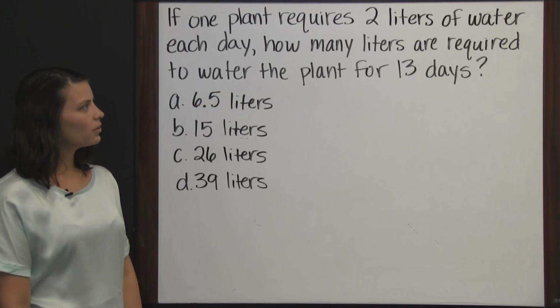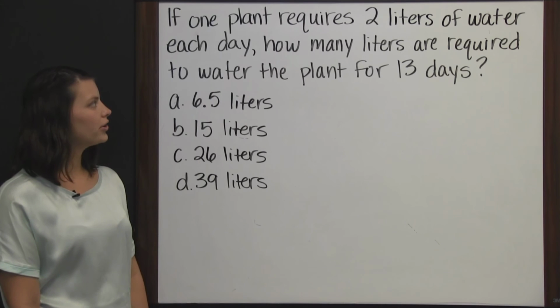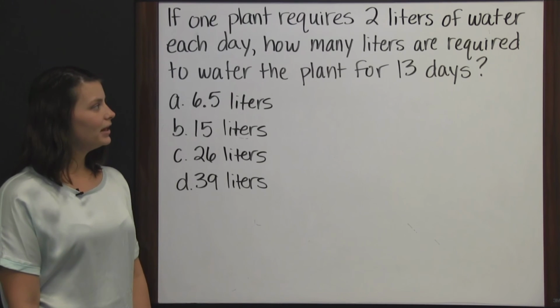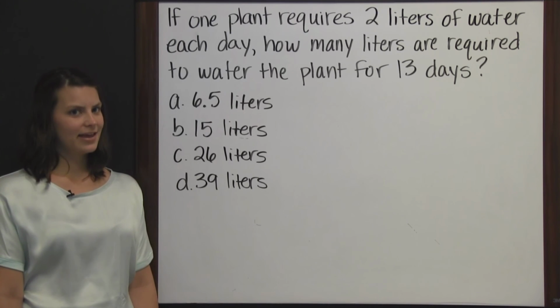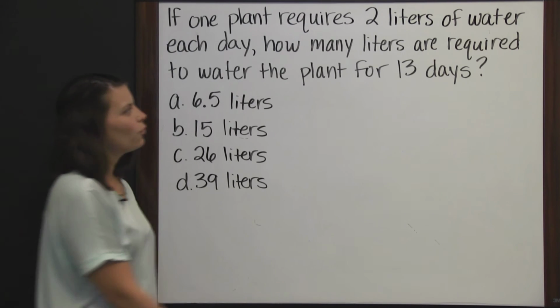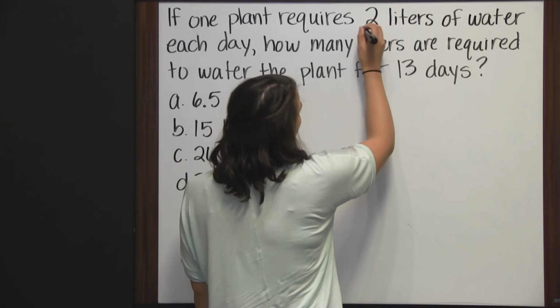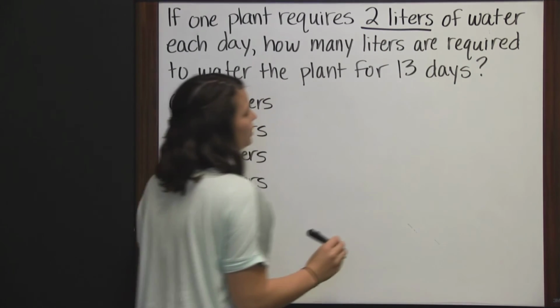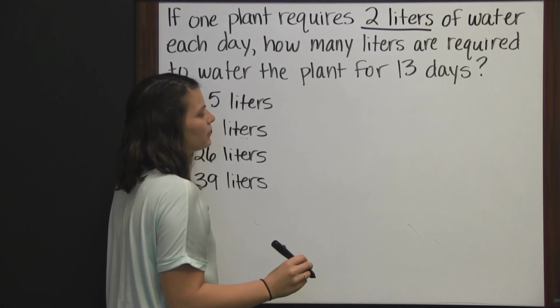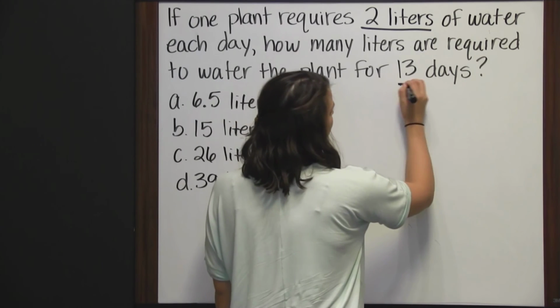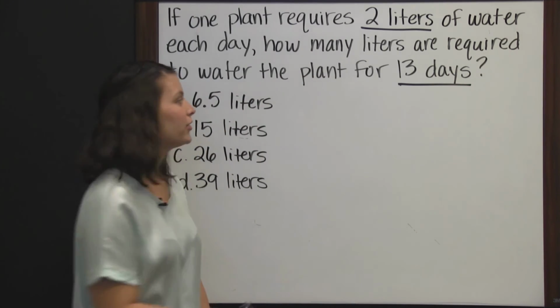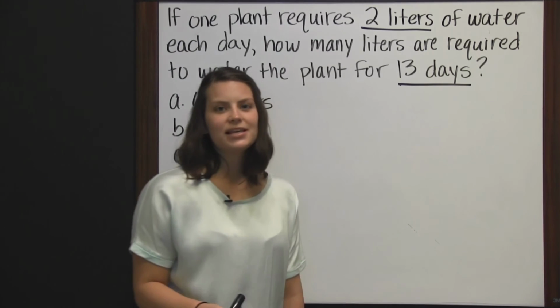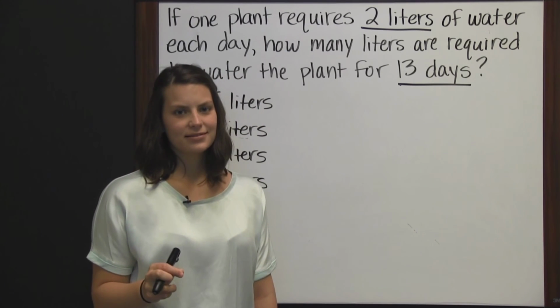If one plant requires 2 liters of water each day, how many liters are required to water the plant for 13 days? So for 1 day, this plant requires 2 liters of water. But we're going to water this plant for 13 days. That means we're going to water this plant 13 times.